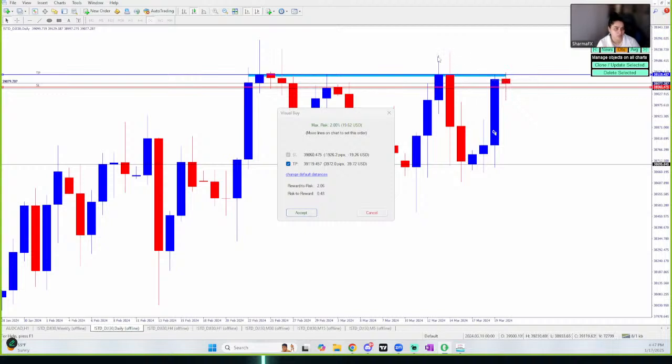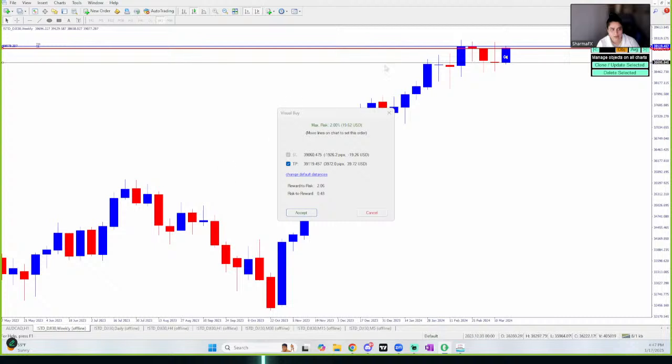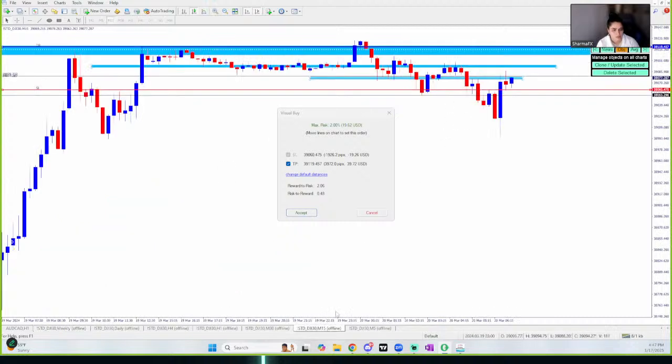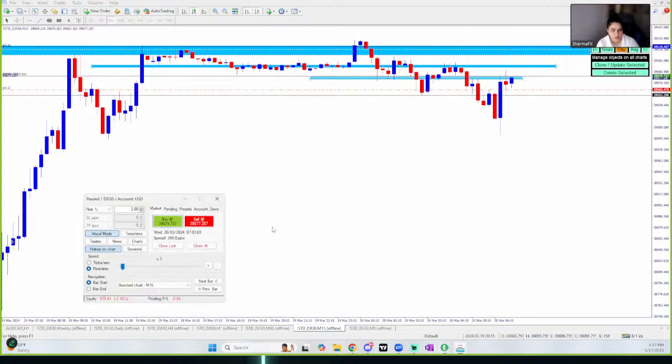We know that there should be no problem of price coming all the way up to the top here. But again, we're just going to be a little bit more conservative given the fact that we're sitting at all-time highs, right? And that is a weekly resistance level. So we're going to go with that 2 to 1 risk to reward on a 2% risk on this $978 account at the moment.